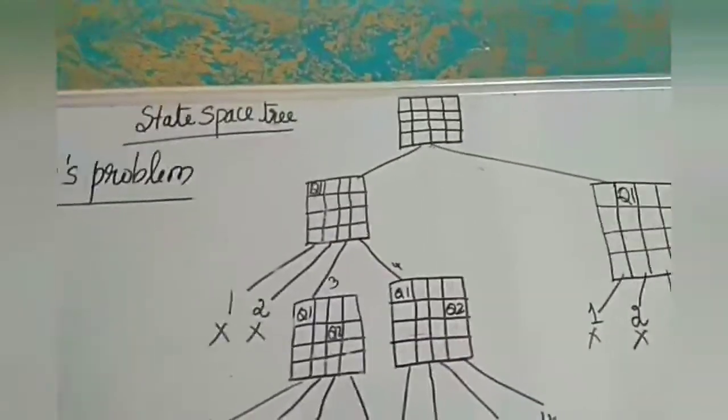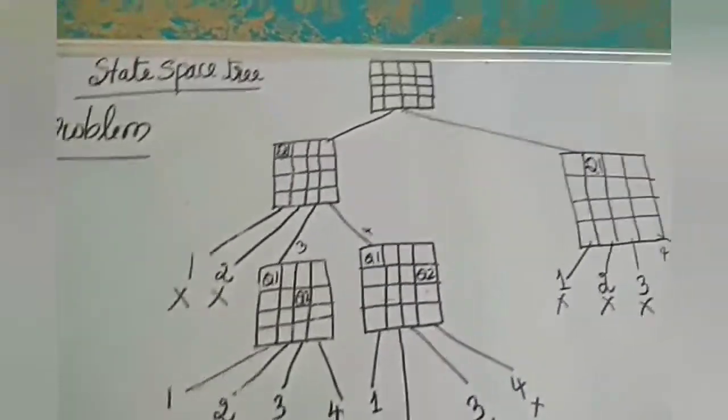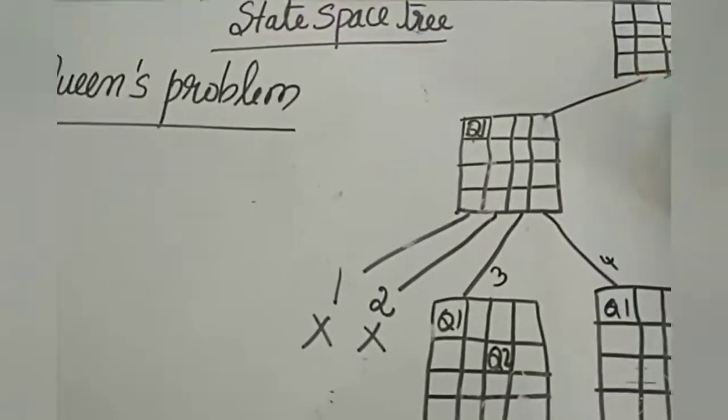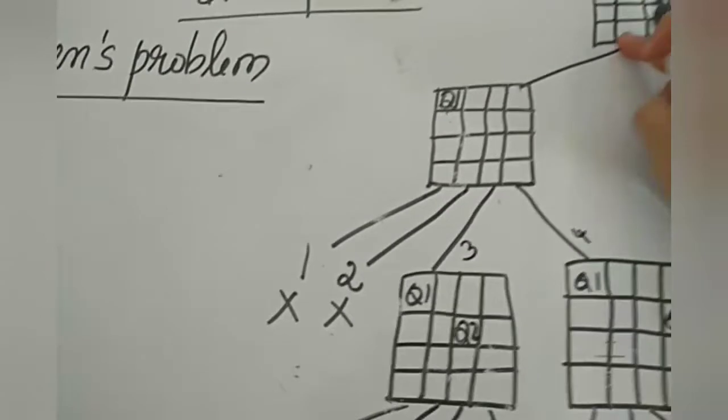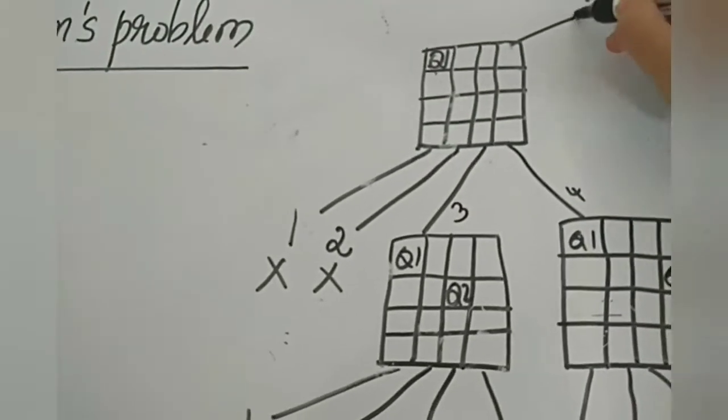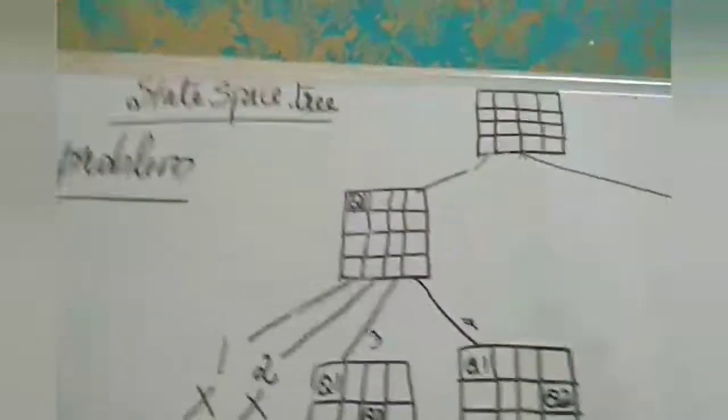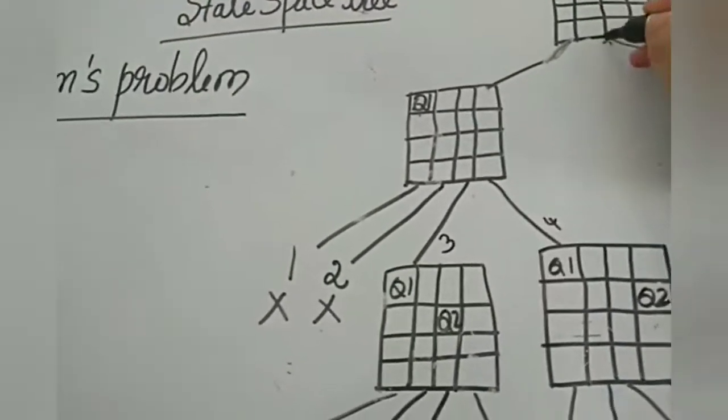In the next node, you have considered two options, the first column and the second column.